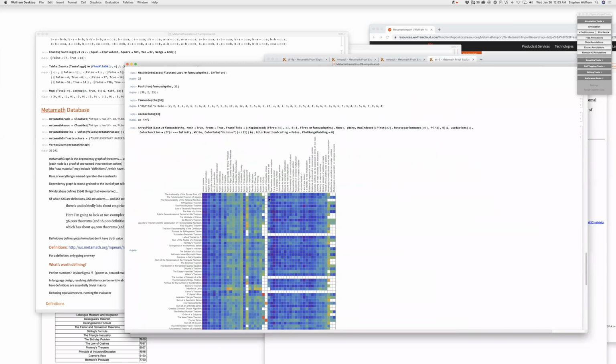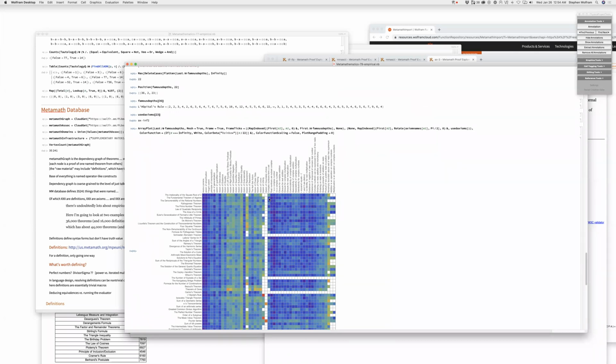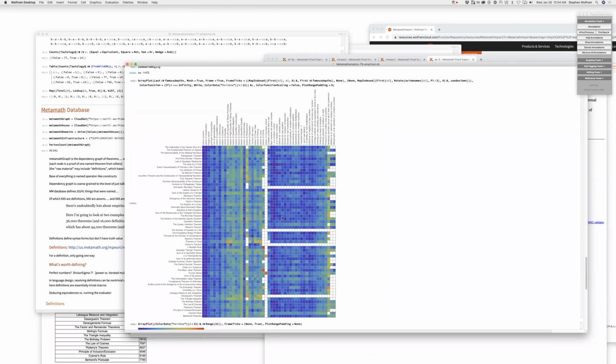We're asking the question... It's really interesting, but almost all of these theorems use almost all the axioms.